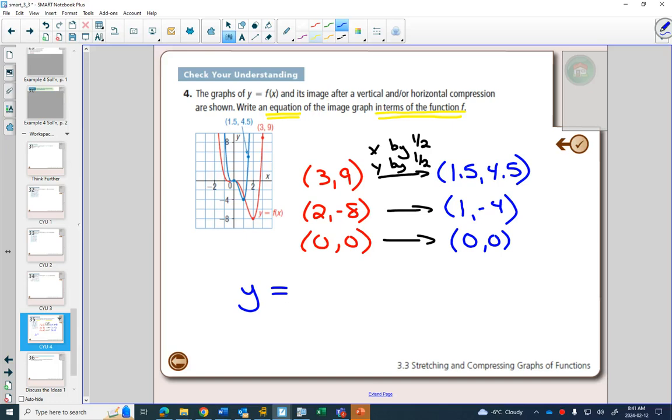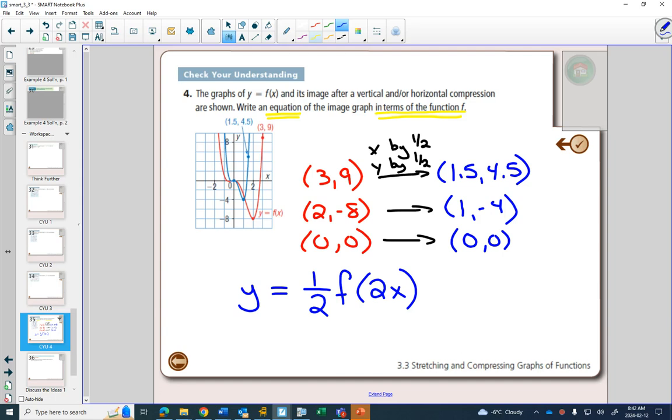Well, everything that affects y is outside of the function. Everything that affects x is inside the function. So this y by half, I'll have a half outside. That x by a half, inside I will have not a half, but a 2x.